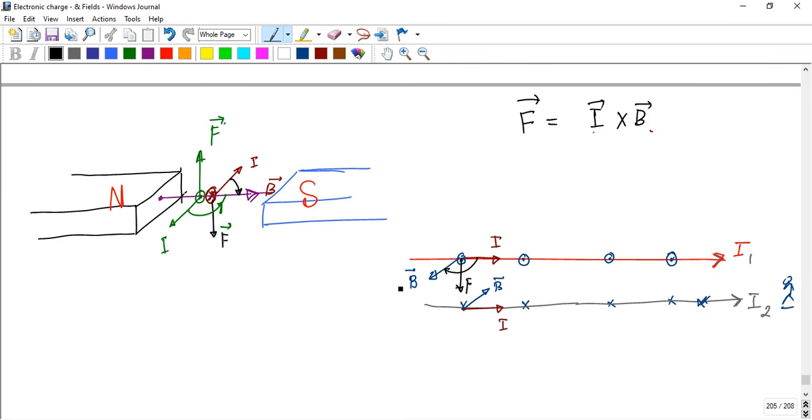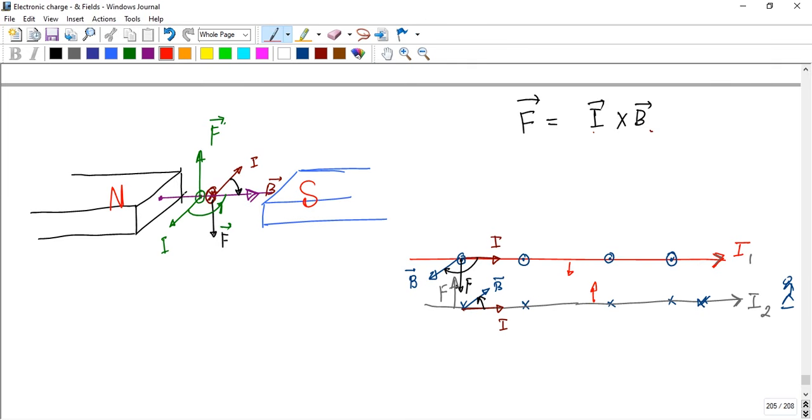Similarly, that's the cross I cross B, the anti-clockwise direction, so the force is upward. So when current passes through these two wires, they produce magnetic fields and there is a force, and that force is towards each other. That wire slightly goes downward, and the other wire slightly goes upward, towards each other.